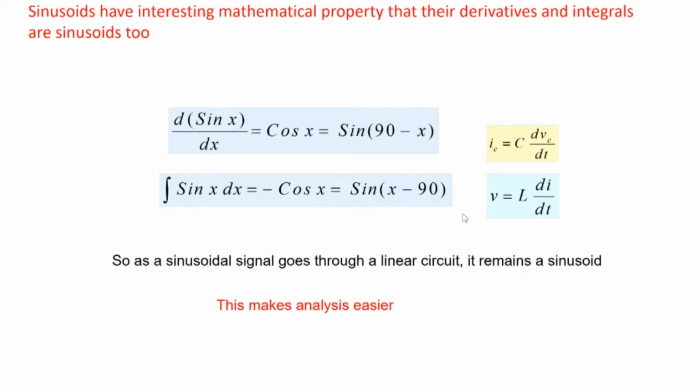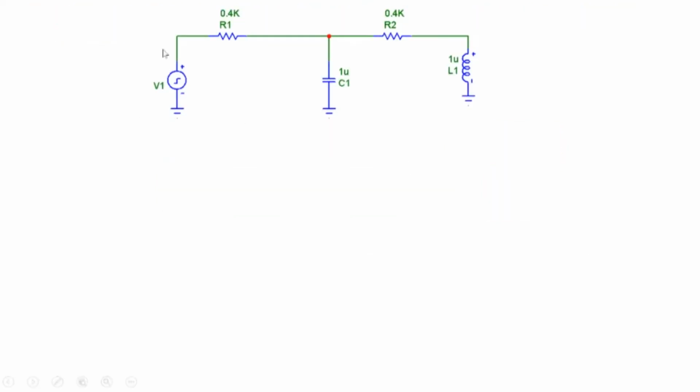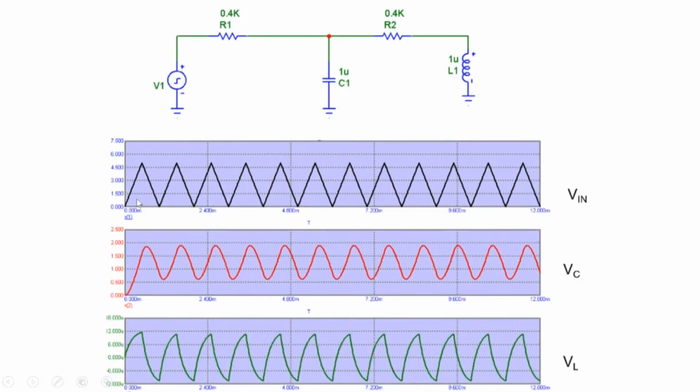So let me give you an example here. Okay. Let's say we have a circuit like this. We have a resistor, a capacitor, and a resistor and an inductor. And let's say we excite this circuit using a triangular wave, right? So the input is a triangular wave. And when we look at the output at the capacitor here, you can see that it looks like some kind of a distorted, maybe sinusoid.